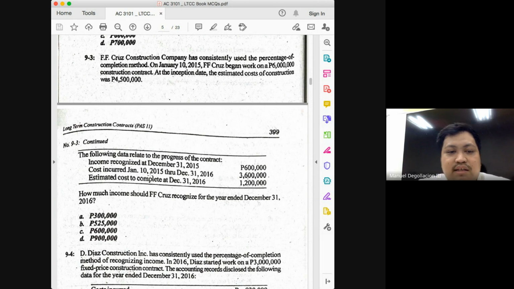Do we have the estimated cost to complete, which is 1,200,000? So that means our cost at completion as of 2016 is 4,800,000. And we are solving this so that we can get the expected gross profit. If the cost at completion is 4,800,000, how much then is our expected gross profit, class? 1,200,000.